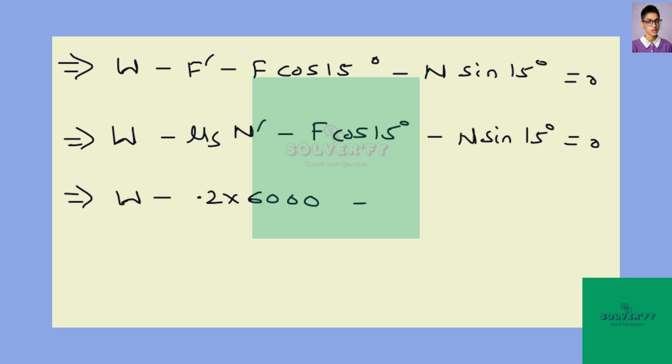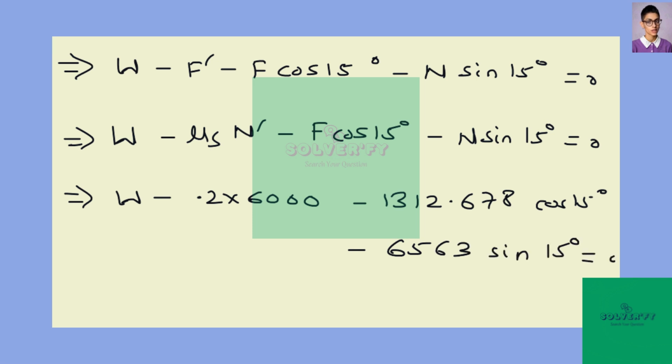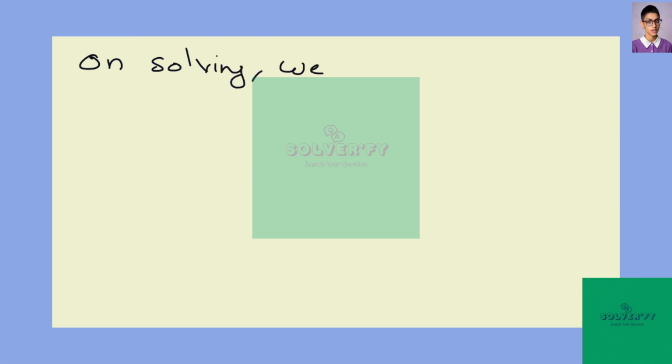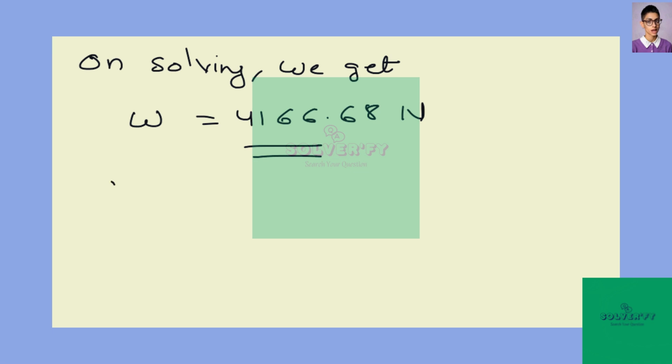So W minus 0.2 into 6000 minus 1312.678 cos 15 degree minus 6563 sin 15 degree is equal to 0. On solving, we will get W is equal to 4166.68 Newton. We just solved the upper equation.